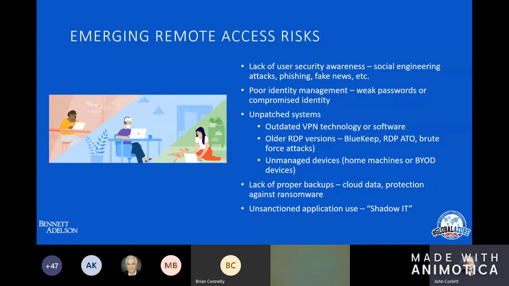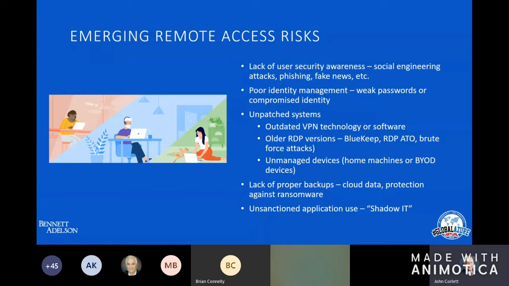So, really, when we're looking at rapidly enabling remote access, one of the top issues we need to be aware of is the lack of security awareness among our users. And that, coupled with poor identity management, whether we permit weak passwords or users are using compromised identities, say, logging into things with the same username and password combination across multiple apps.